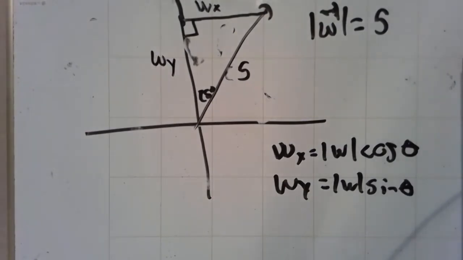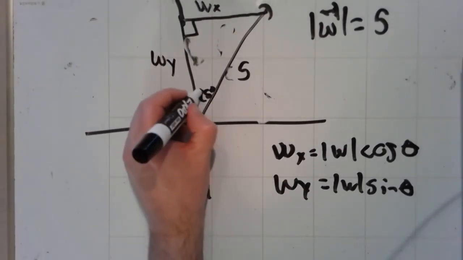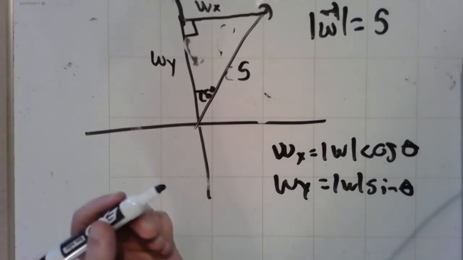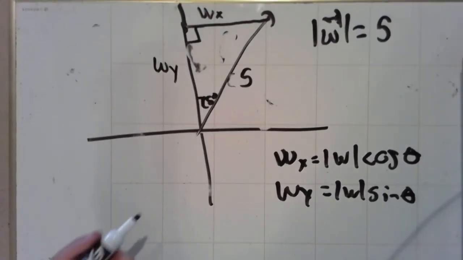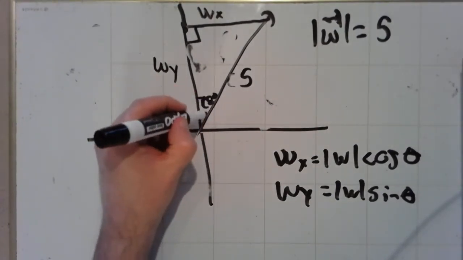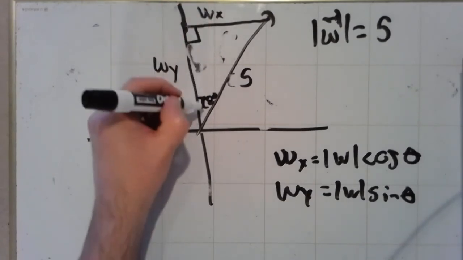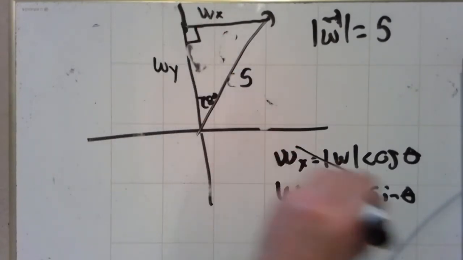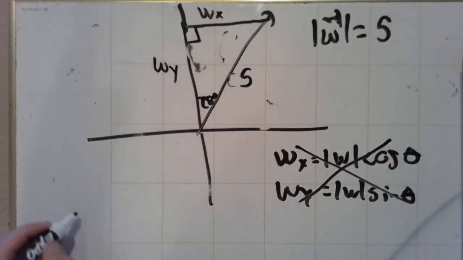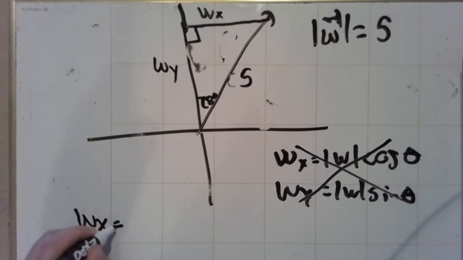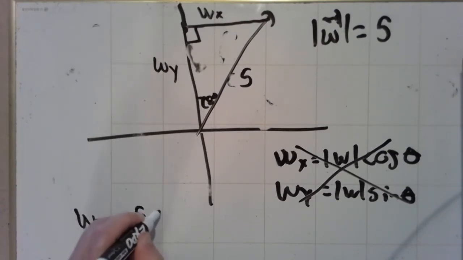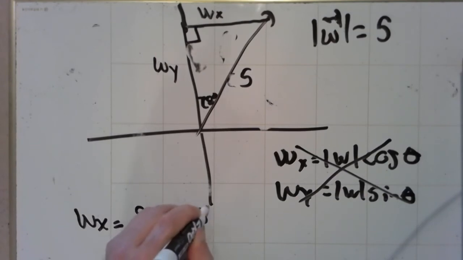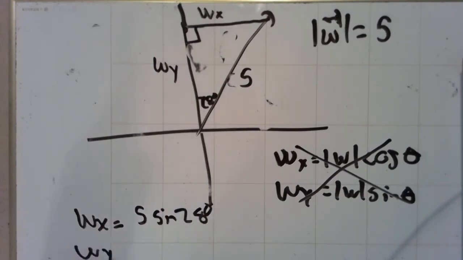Now I just use my picture and my knowledge of trig to figure out which one goes with sine and which one goes with cosine. So from this 28 degrees, across from the 28 is x. So Wx will be 5 sine of 28, and Wy will be 5 cosine of 28.